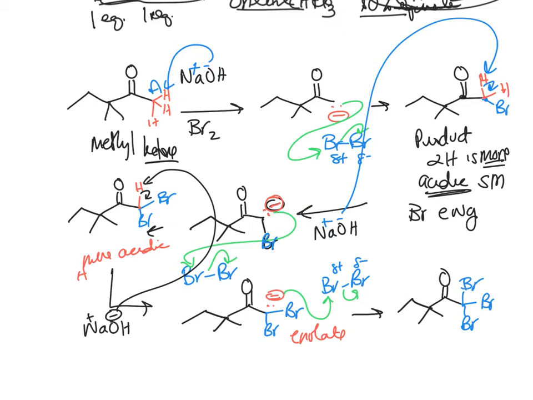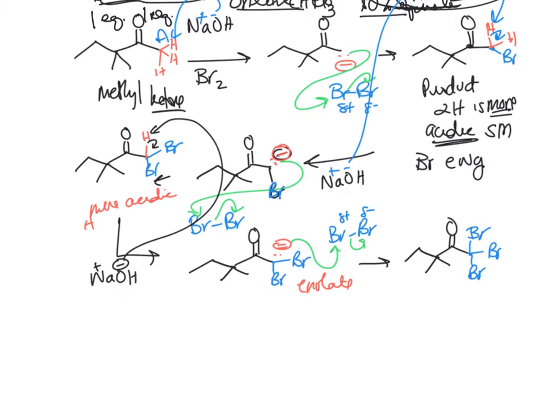Okay? Now, this here is an excellent leaving group. And you have a strong nucleophile. And you have your electrophile here, the delta positive on that carbon. So here, those electrons will go here.